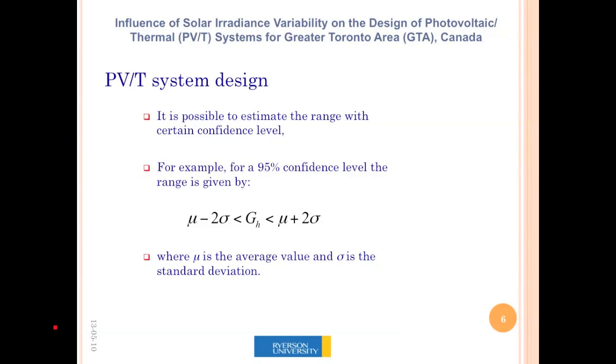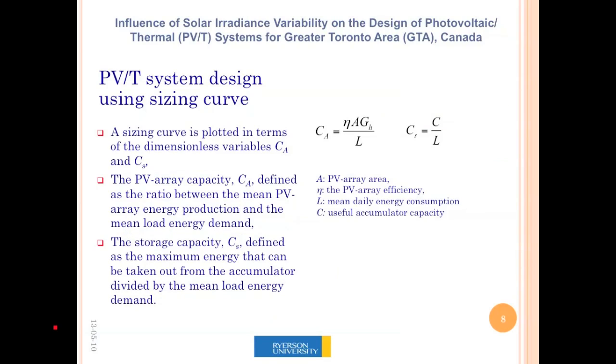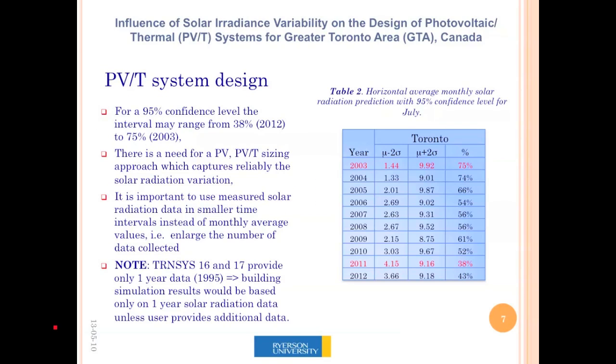What's the uncertainty we introduce in designing PVT systems? If we use the data from 2003, you introduce about 75% uncertainty, so you are plus or minus 75. And for the year 2011, it's about 38%.